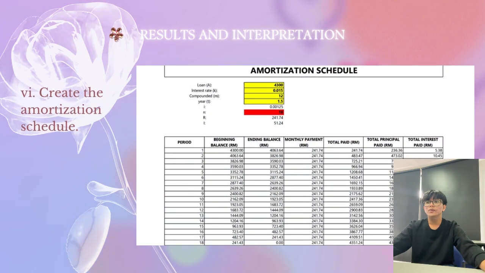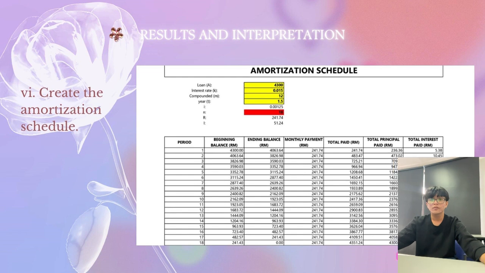We go to the last question, create the amortization circular. We have to refer to this circular to get an answer based on the problem that we created. From questions 1 until 5, we get the answers from this amortization circular, and we get the same answers but just in a different sense.